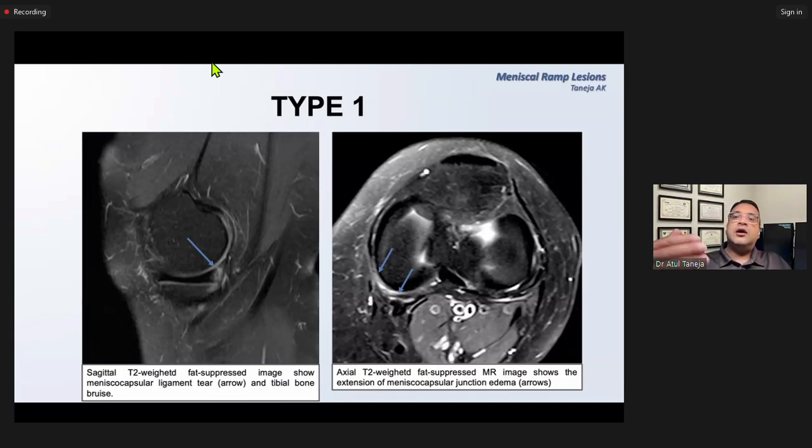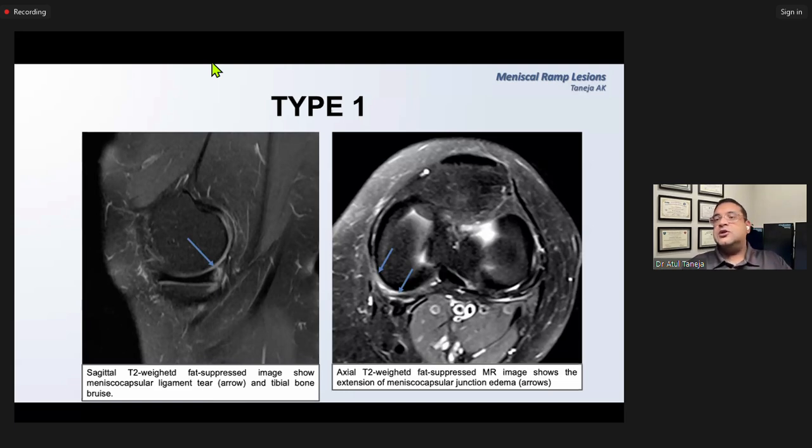That's very important. And more than 10 years ago, we did not speak about ramp lesions, but the meniscocapsular disruption, that's the term we used before. That's actually what the ramp lesion is, a meniscocapsular disruption, which means the meniscus has detached from the capsule at some point, and it's not a meniscal substance tear in many cases.